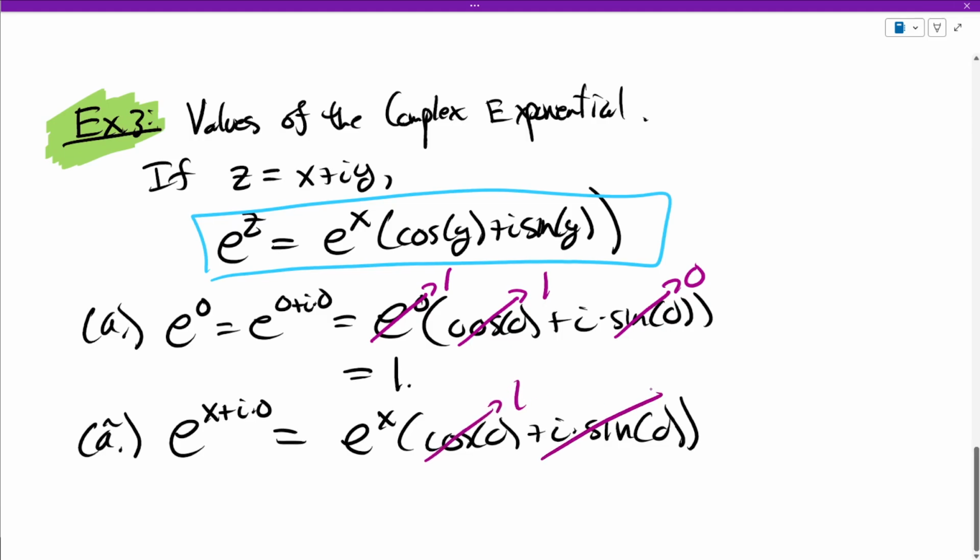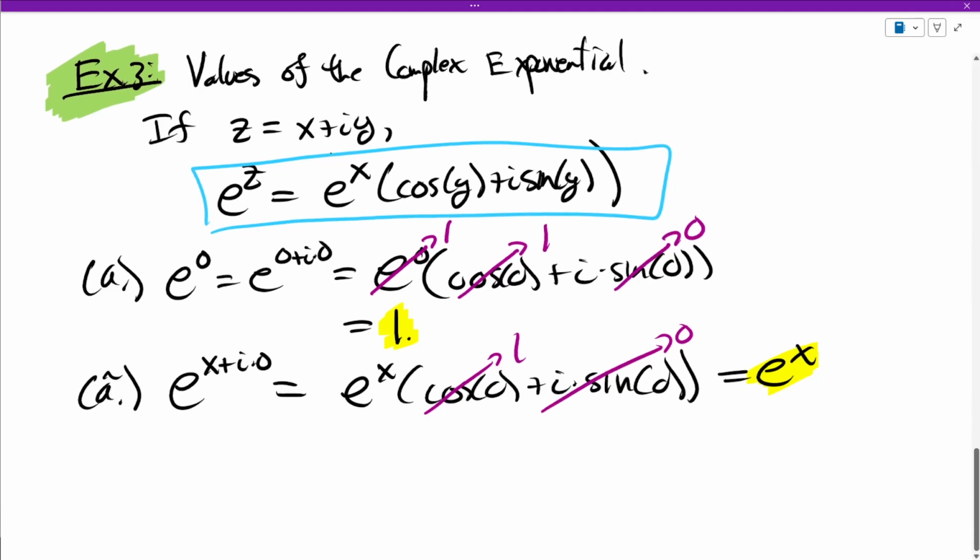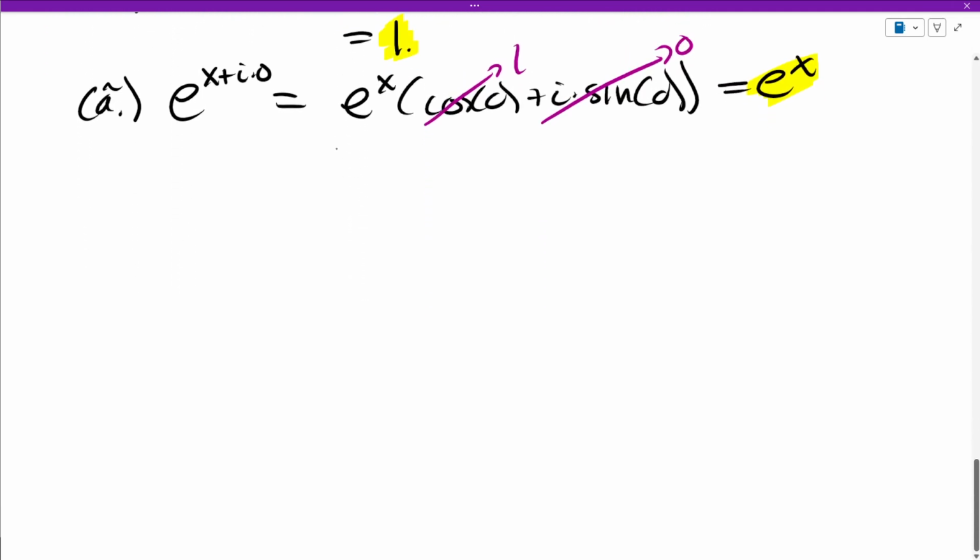The cosine is a 1, the 0 gets rid of the imaginary part, and we recover e to the x. So it agrees with the regular exponential when you're plugging in purely real numbers. All right, great.